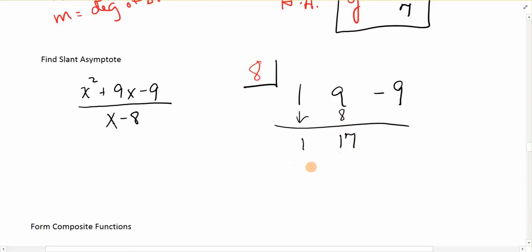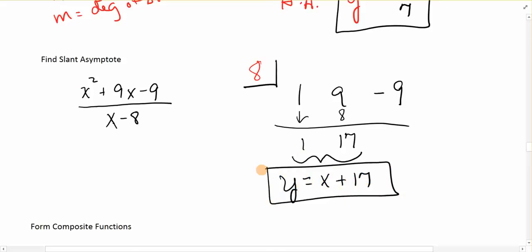We can stop right there. When you're finding a slant asymptote, you don't have to even worry about this remainder. If I turn this back into x's, we started out with x squared, so this is x plus 17. So y equals x plus 17 is our slant asymptote. It's a slanted line. It's not a vertical or a horizontal.